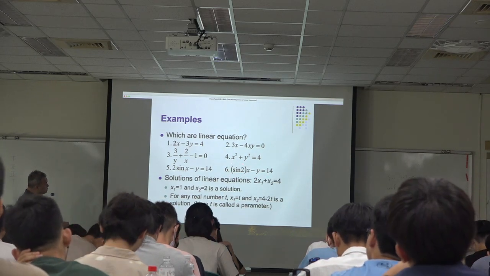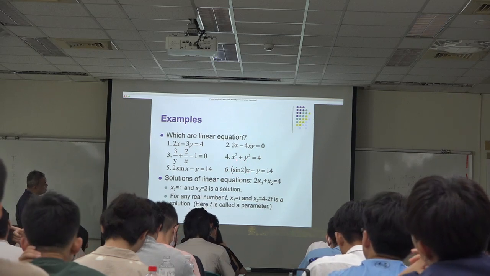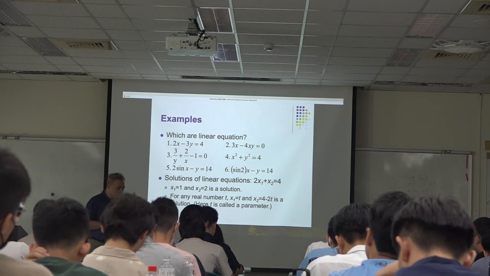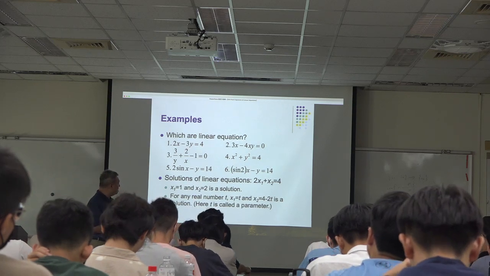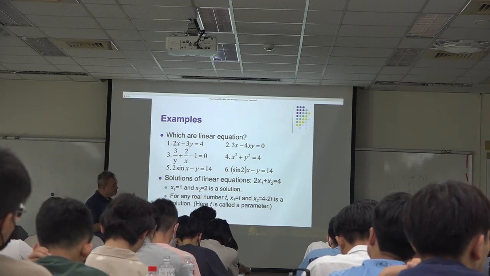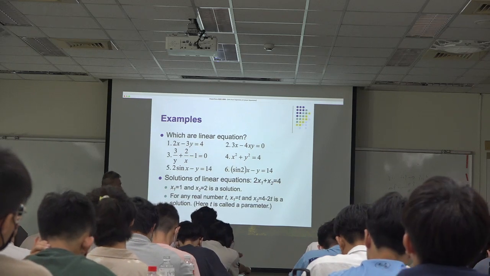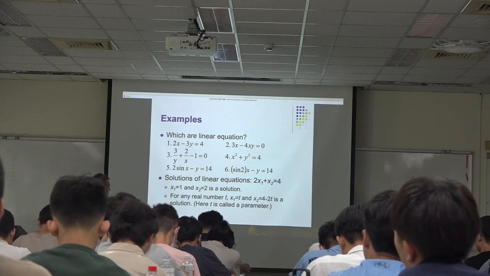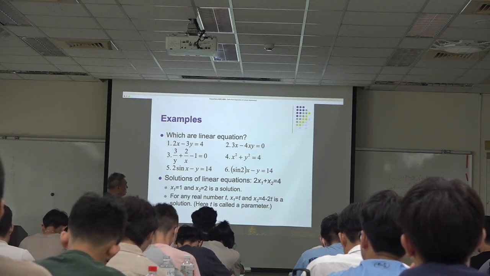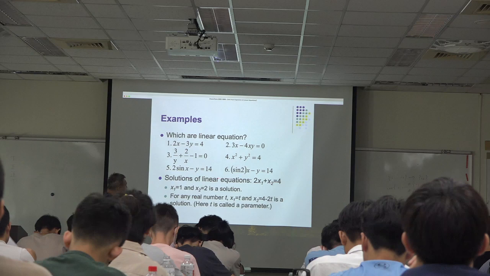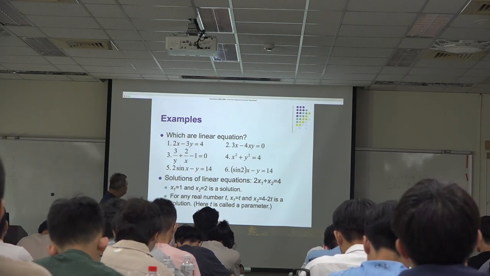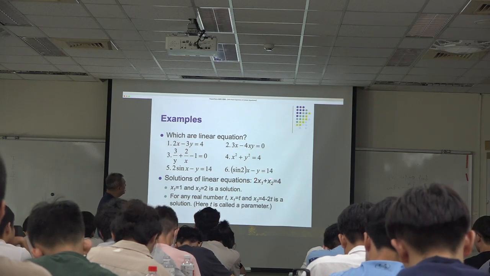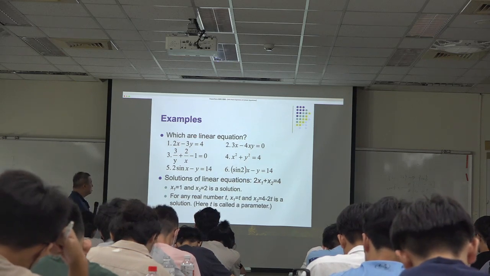This sine 2 is just a constant, the coefficient for x. Even though it looks like a complicated coefficient, it is still a constant. So for these 6 examples, only the first one and the last one are linear equations.